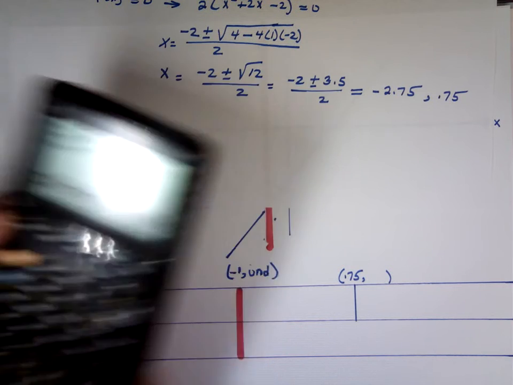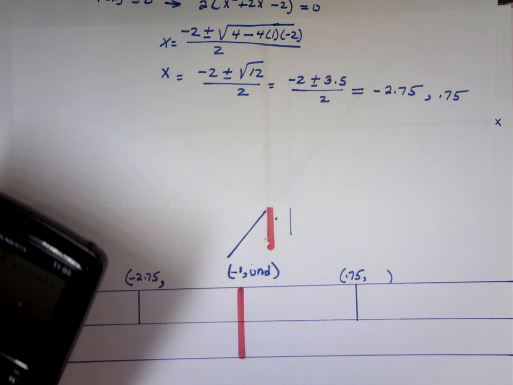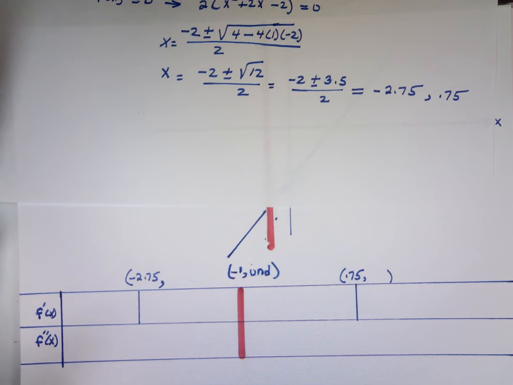My calculator, this one's like dying on me. Everything is missing in the bottom. I can't even read anything on it. I gotta do them by hand, one by one. Okay, 2 times 2.75 minus 4 times negative 2.75.